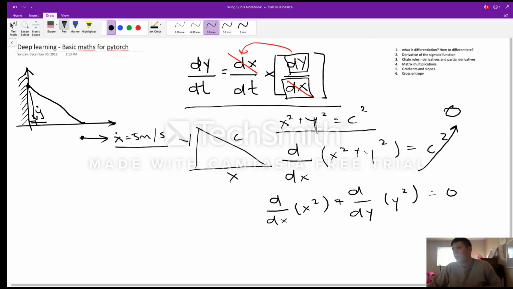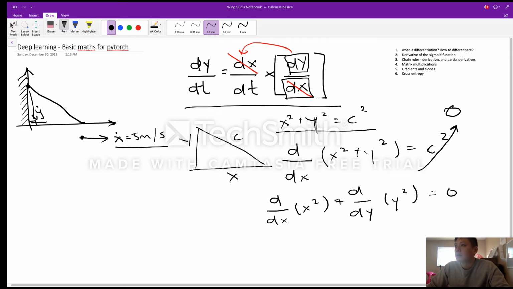One thing you have to understand is we're differentiating something with respect to another variable. Now, this thing can be an equation.